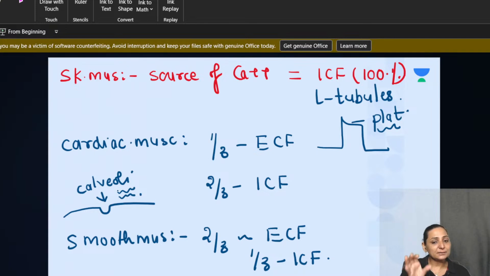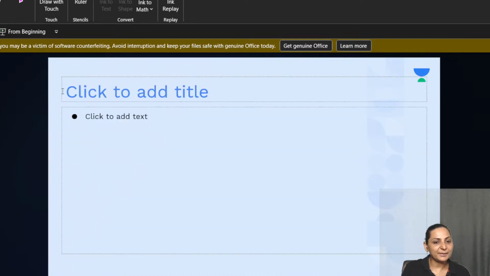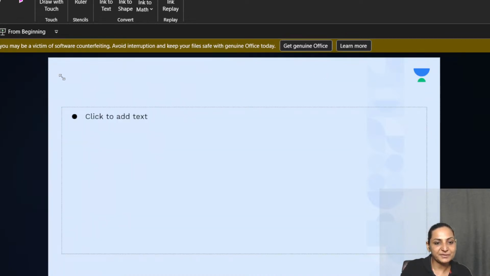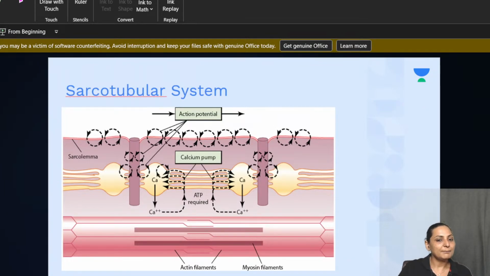So this is regarding the source of calcium in the three muscles. That totally depends upon the difference in the sarcotubular system. Now when we cover the sarcotubular system, we will be covering the differences in the skeletal muscle and the cardiac muscle, and what is the calcium induced calcium release and the voltage sensors.